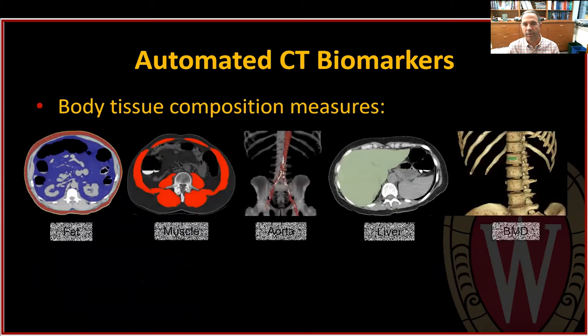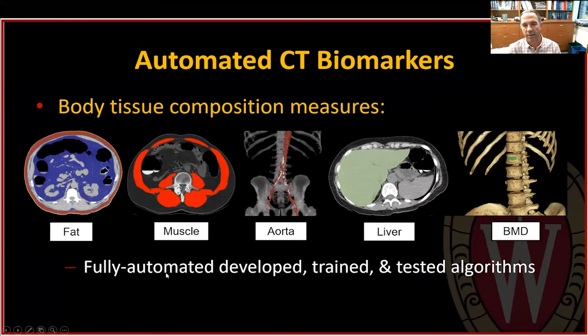The different compositions we'll be looking at here are fat, muscle, aortic plaque or hard plaque calcium, liver fat, and trabecular bone mineral density. Those are the five compositions that we chose to focus on, and I'll provide a little more detail on that in a moment.